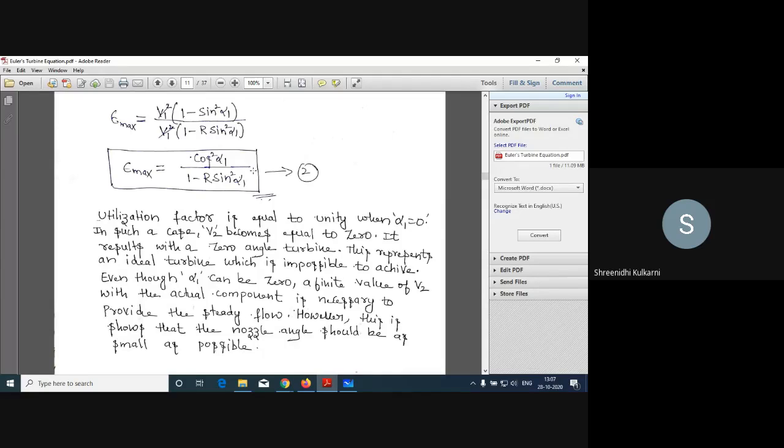Even while explaining how to draw the velocity triangle, I showed only the nozzle angle, alpha. It should be small, and it always varies from 0 to 20 or 25 degrees.